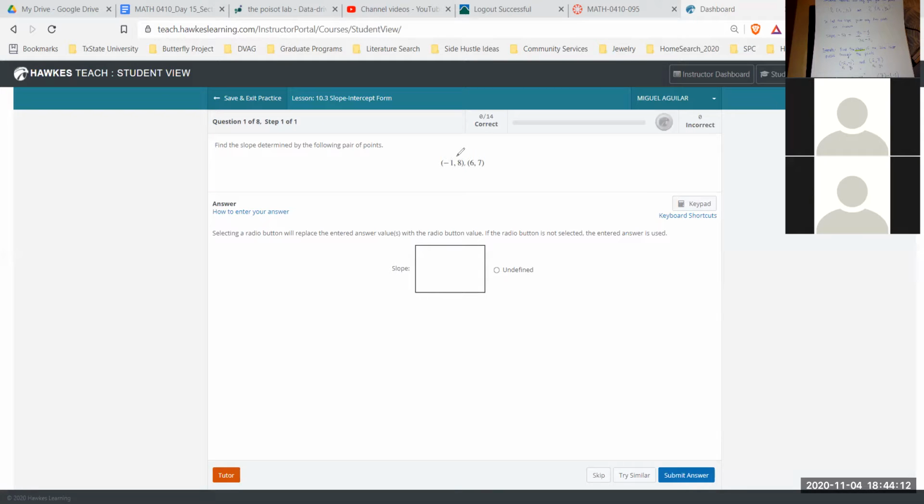So in this instance, we have x1 is equal to -1 and y1 is equal to 8. Okay, that takes care of the first point. The second point gives us x2 and y2. So x2 is going to be 6 and y2 is going to be 7.